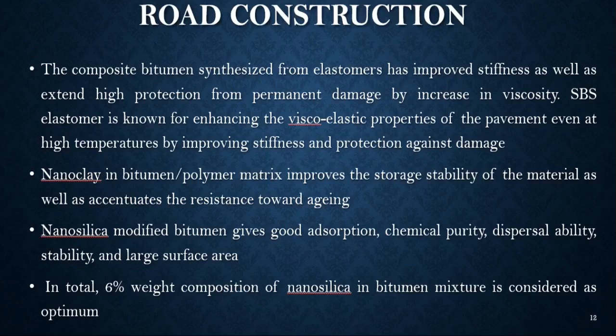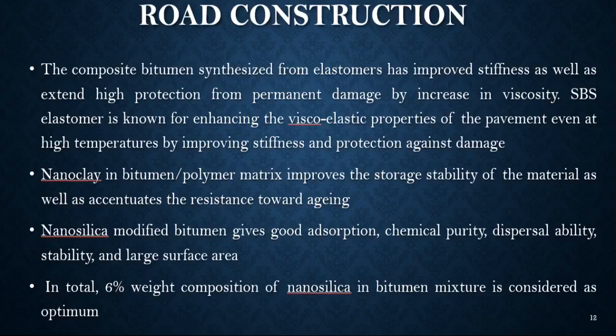Another material is nanoclay, which when used along with bitumen or polymer matrix has been shown to improve the storage stability of the material along with increasing the resistance towards aging. Nanosilica modified bitumen, another material, has shown good absorption, chemical purity, dispersion ability, stability, and offers a larger surface area.